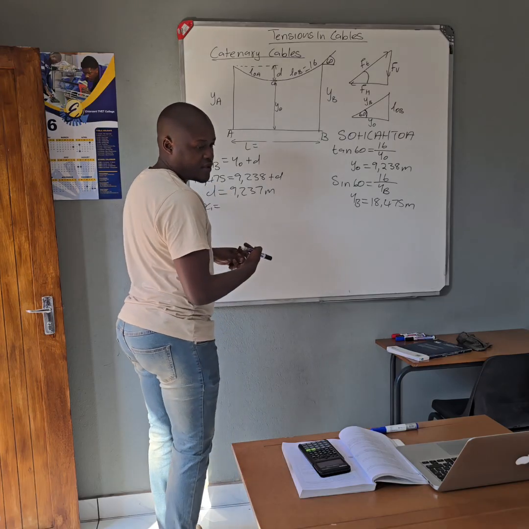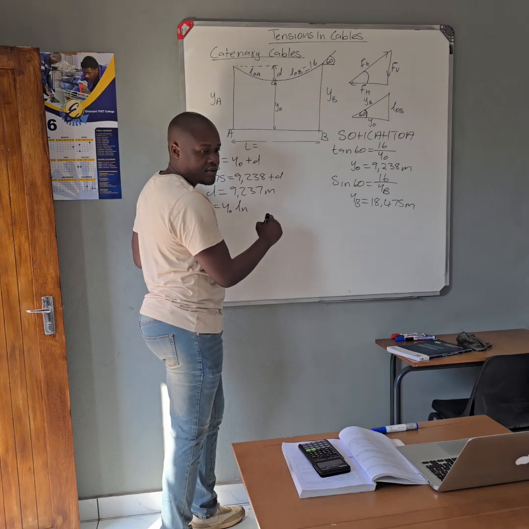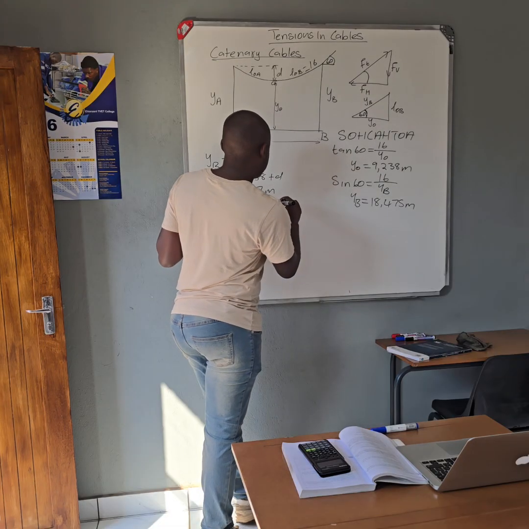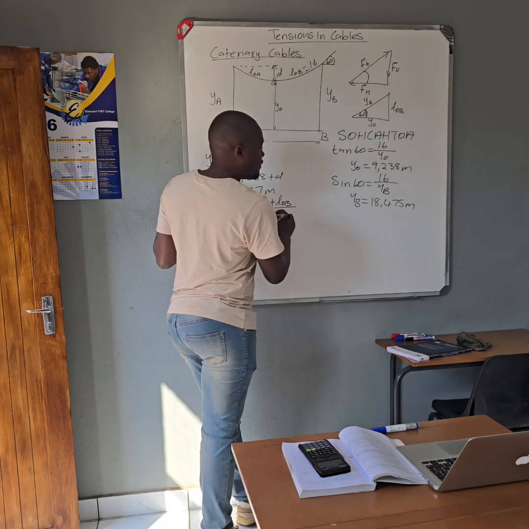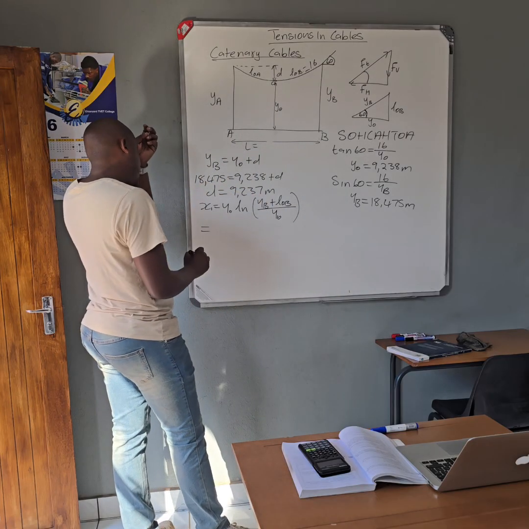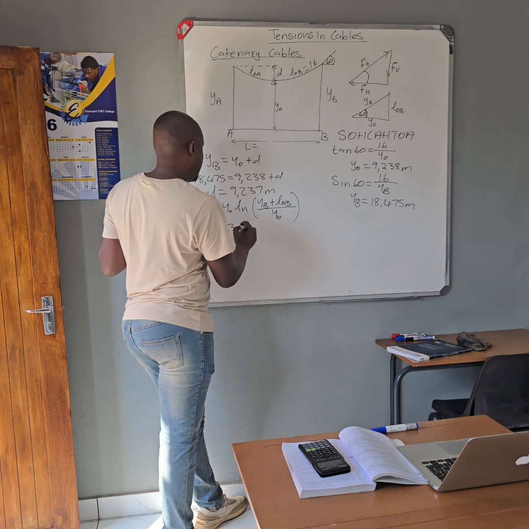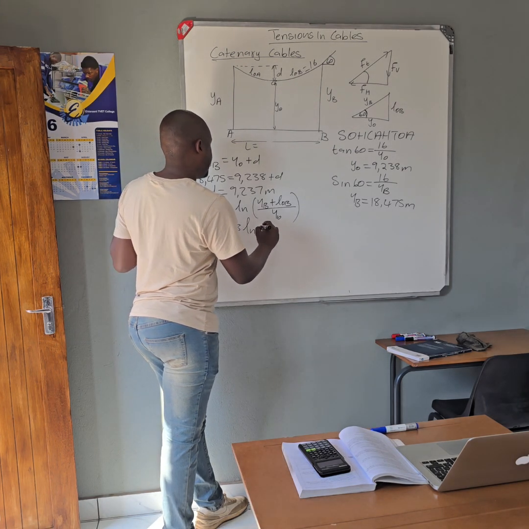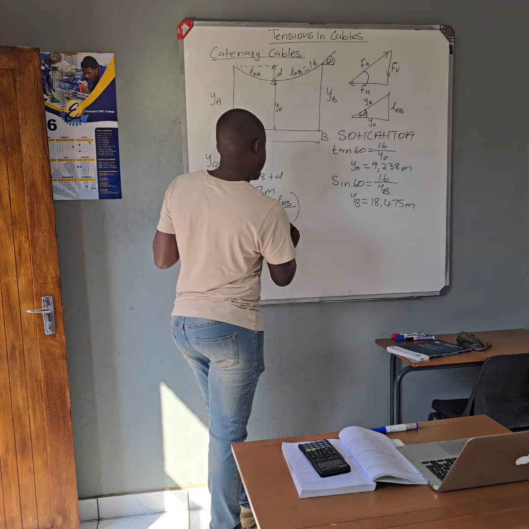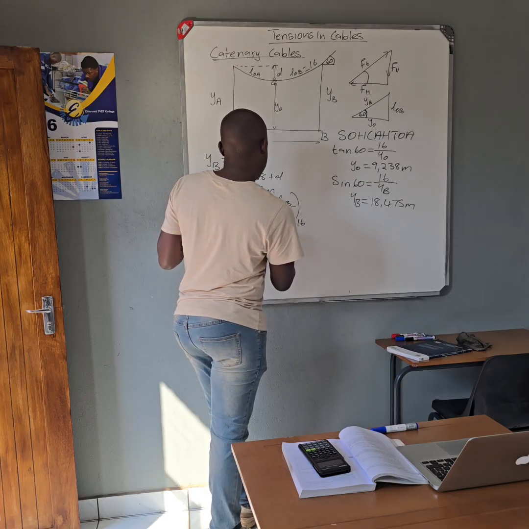X1 is going to be equals to YO of YB plus LOB, all this divided by YO. Then we said that YO is equals to 9,238 and our YB, which is 18,475 plus 16, all this divided by 9,238.